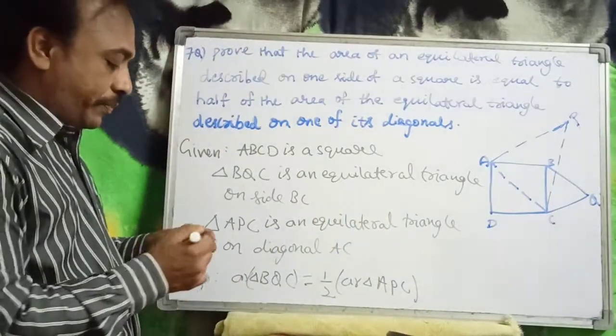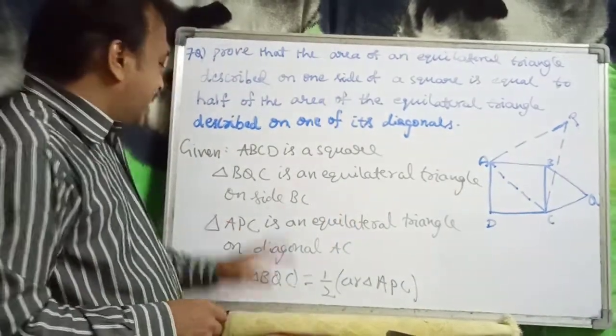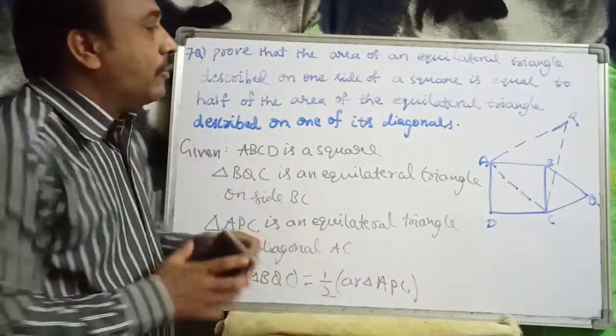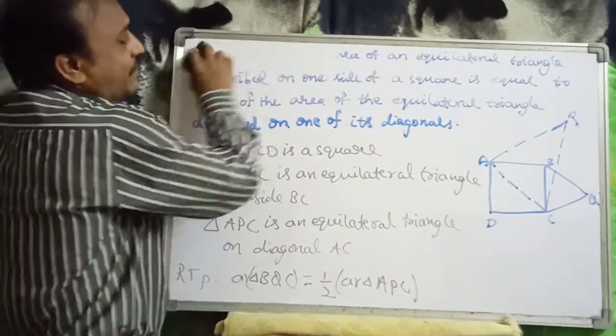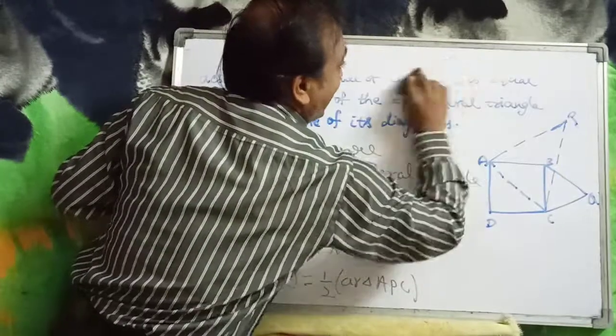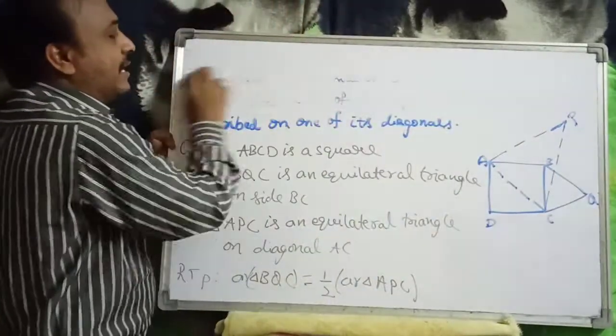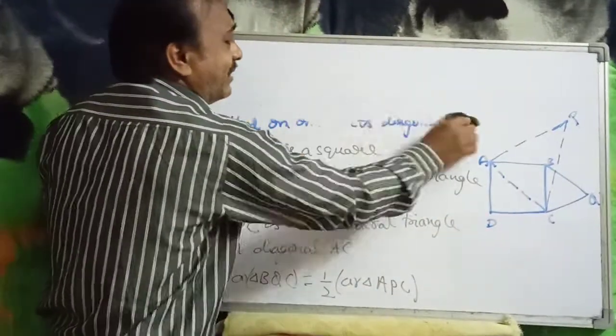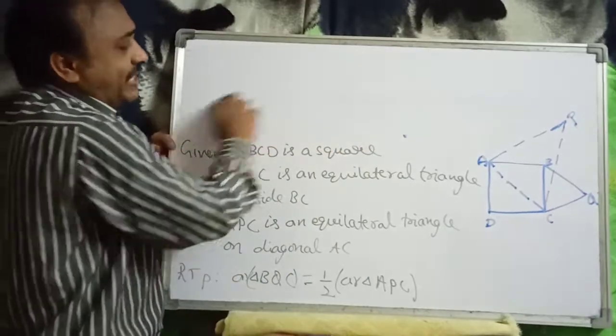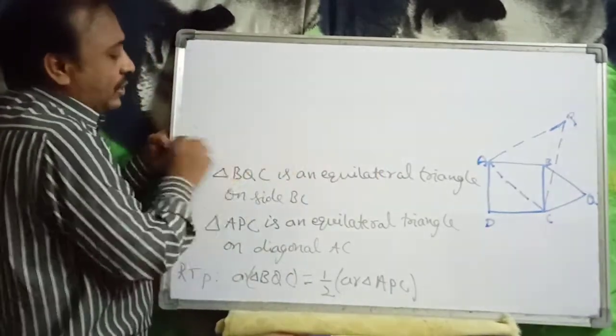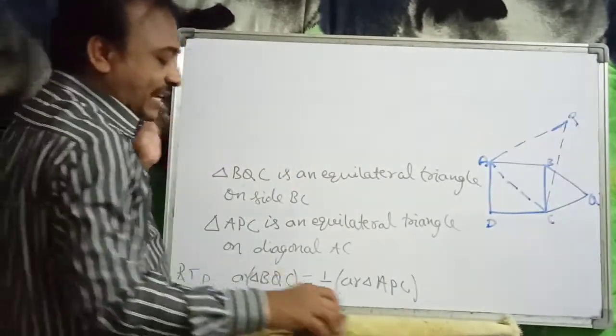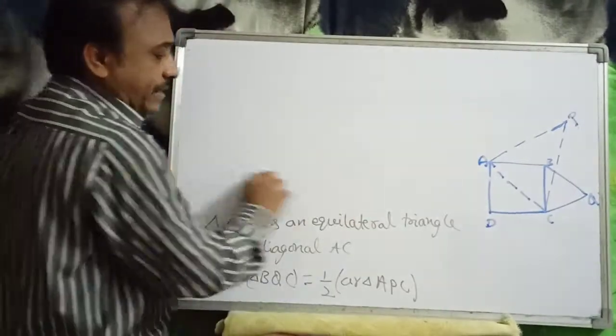That we have to prove. So as we know, this is given and required to prove. Now proof. As we know, all the equilateral triangles are similar. So whatever the equilateral triangles, equilateral triangles are similar.